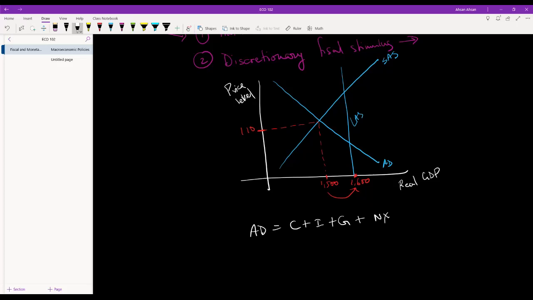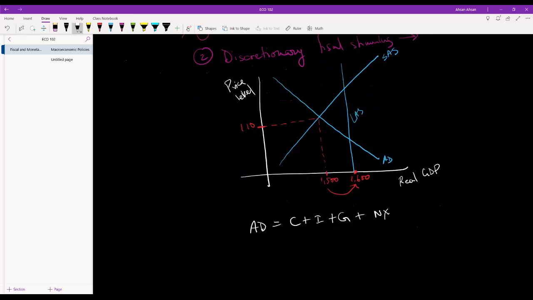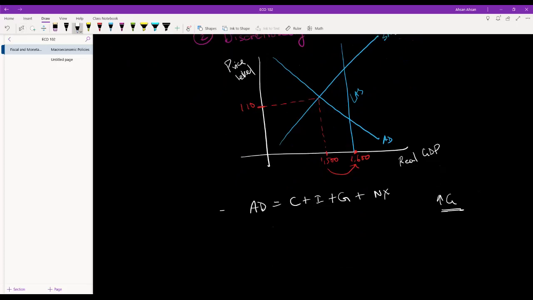Now suppose what the government decides is that to increase our output, they're going to increase G. That's the fiscal policy that the government is going for, increasing their expenditure. Now let's take a look at the AD equation. If G is increasing, aggregate demand will increase, right? So let's draw that in the diagram and see what happens.